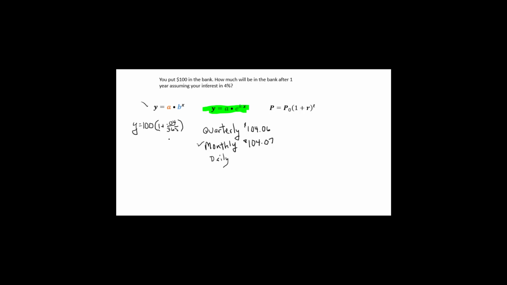I'll put all this in my calculator exactly as I'm putting here. Raised to the what power? And if you guessed 365, you would be correct. Now, I don't expect you to be able to repeat this, but if you're following the logic, that's good. So I'm going to put that in my calculator, and you should try it too. And I come up with 104.08.